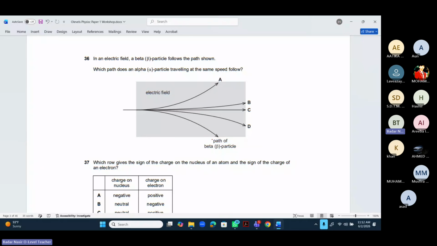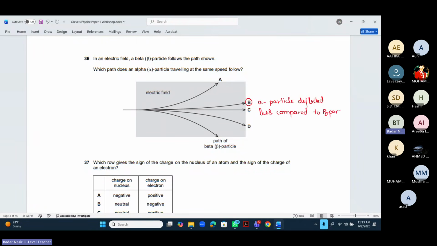So alpha particle जो है आपके पास, अगर बीटा नीचे की तरफ डिफ्लेक्ट हो रहा है तो अल्फा पार्टिकल जो है वो ऊपर की तरफ होगा. बाकी बीटा पार्टिकल जो है वो ज्यादा डिफ्लेक्ट होता है कंपेयर टू दी अल्फा पार्टिकल. ठीक है, सो अल्फा पार्टिकल deflected less compared to beta particle.